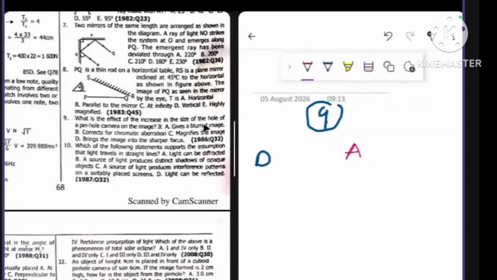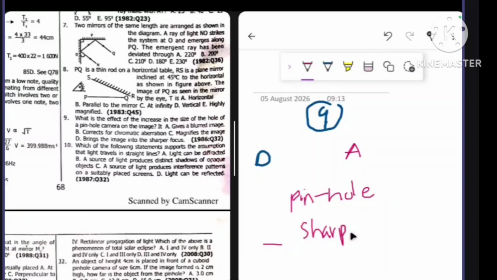Because remember, yesterday I said literally in the name of the setup, it is called a pinhole camera. So that means the hole must be a pin so that little light will enter and you will have a sharp image. But that image will not be bright, it will be dim.